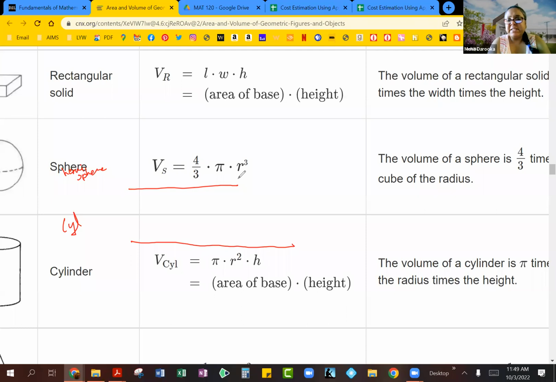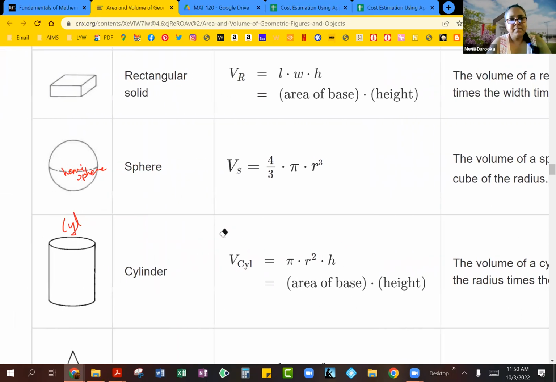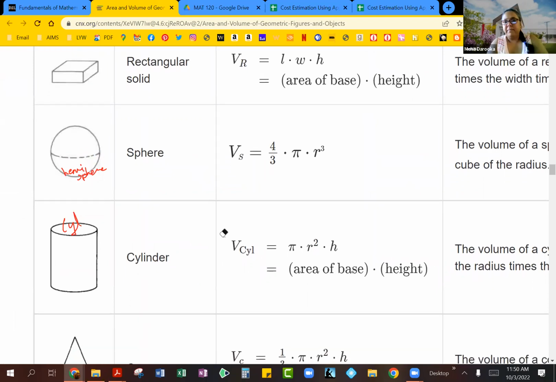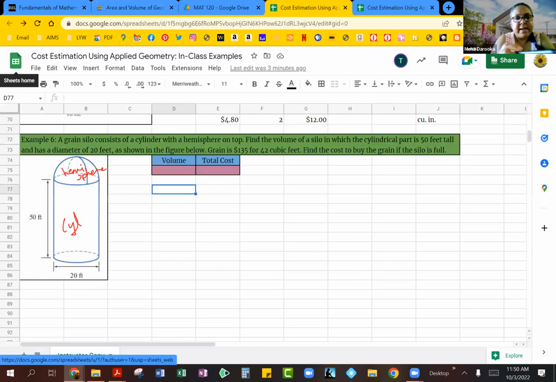For the cylinder, it's pi r squared. So, basically area of a circle, because your cylinder will have a circular base, and then the height of your cylinder. So those would be the two volume formulas. So let's go ahead and transfer those over here.